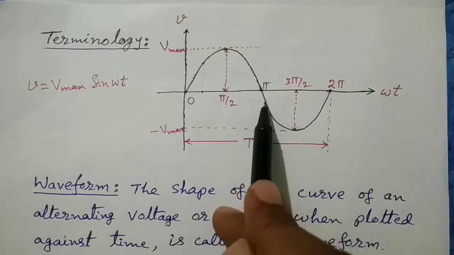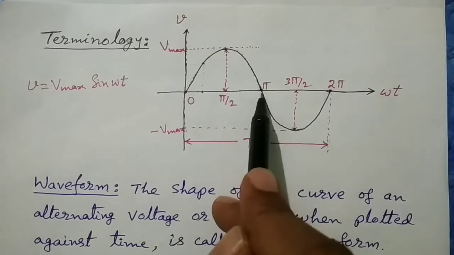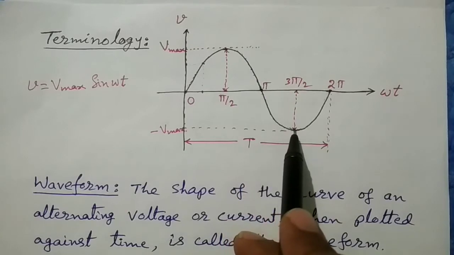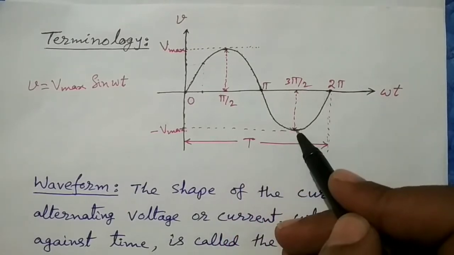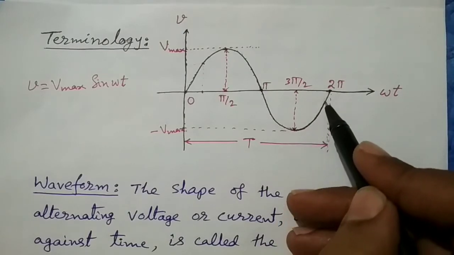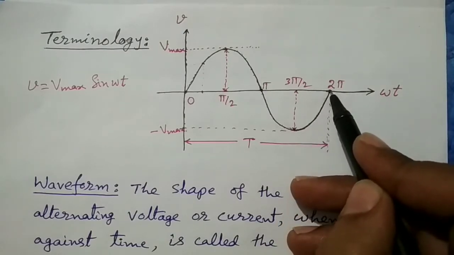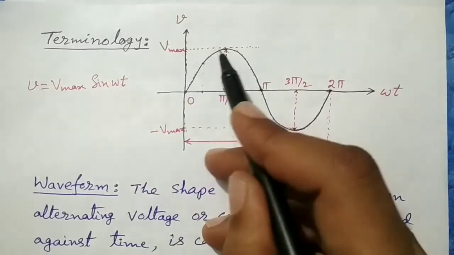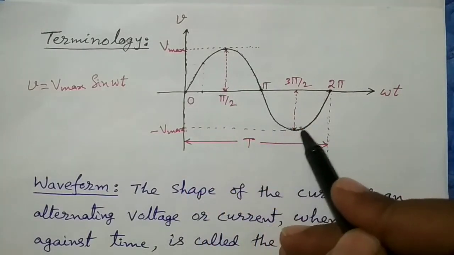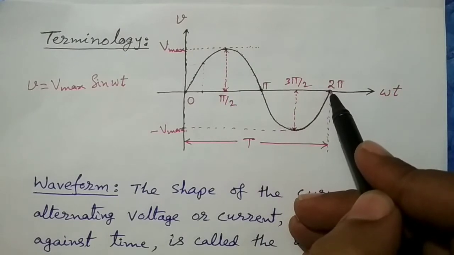Now from pi to 3 pi by 2, it will be increasing on the negative side, and from 3 pi by 2 to 2 pi again it will be decreasing and it will reach 0 at 2 pi. So this waveform we have got for one complete rotation of the coil within a stationary magnetic field.